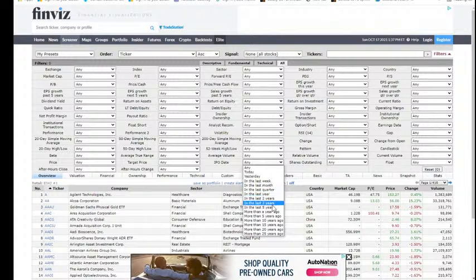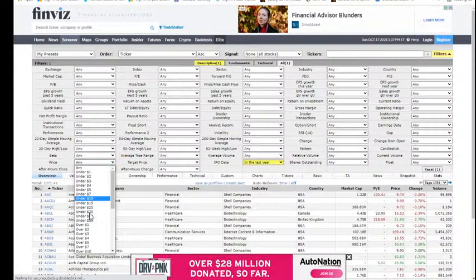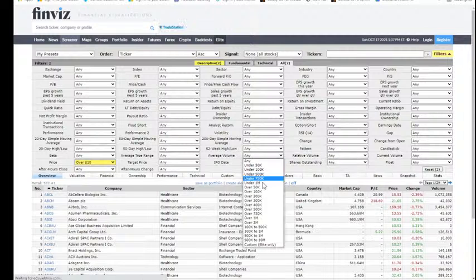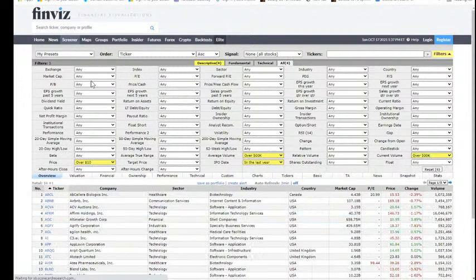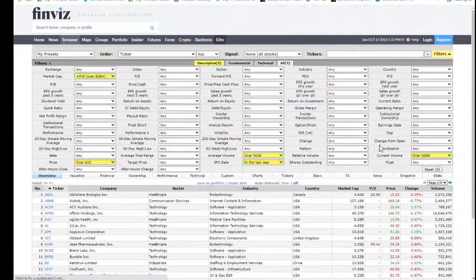So what I like to do is within the last year, and then I'll set a few other volume filters. I'll go by price, and then I'll do some relative volume, some average volume, so over 500, current volume over 500. I'll do market cap because I don't want too small stocks, and I'll do EPS growth.